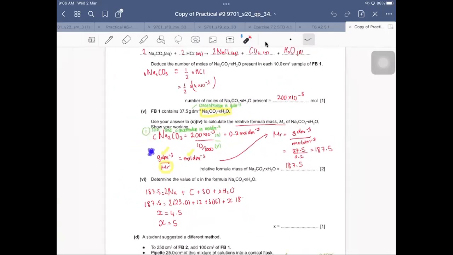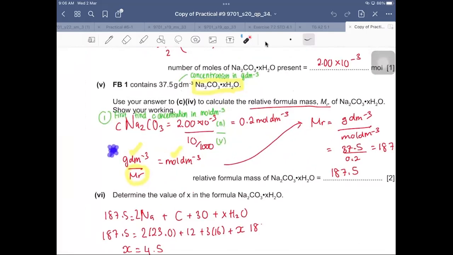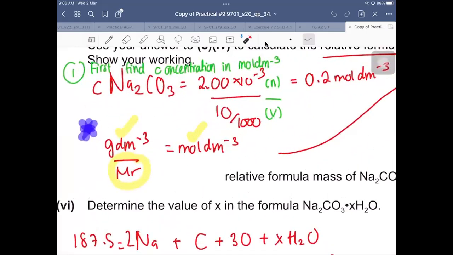Part 5. So once you know the number of moles of sodium carbonate, you will then find the MR. Okay, part 5 is worth mentioning because this is a formula that students always tend to forget.